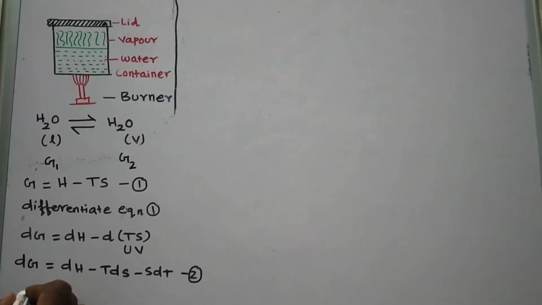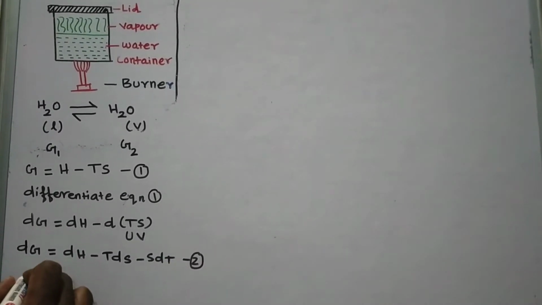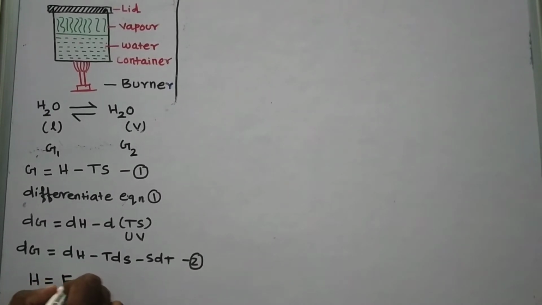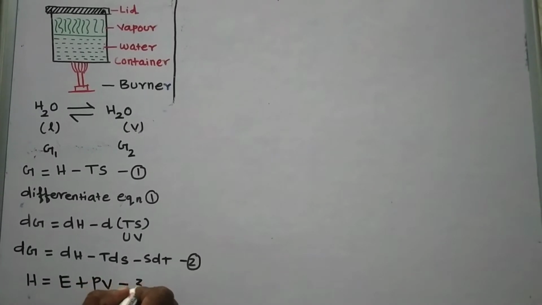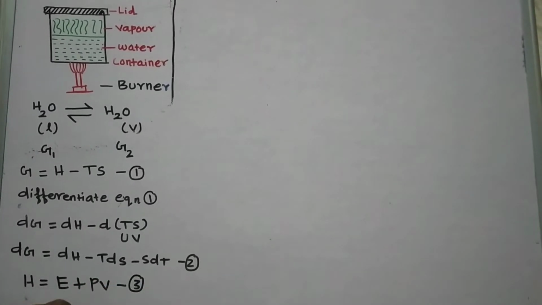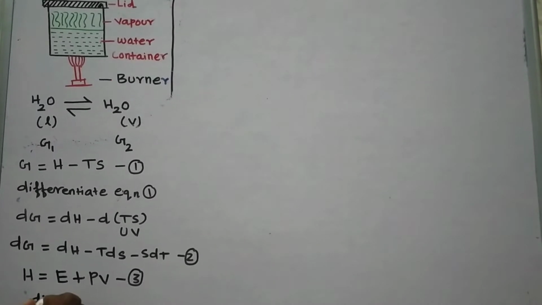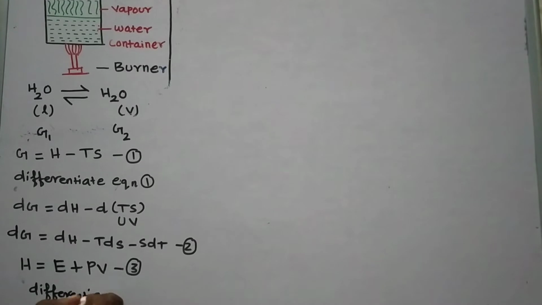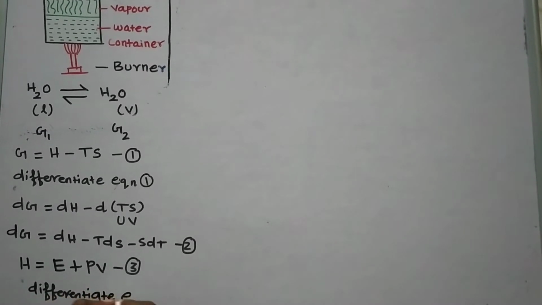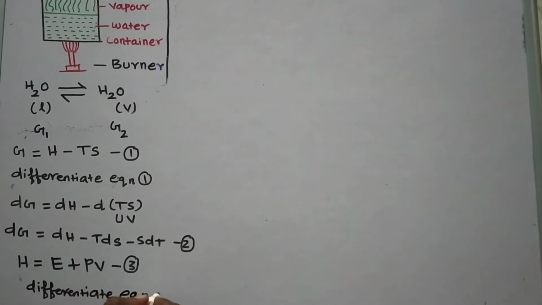Now let us consider the equation of enthalpy. The equation of enthalpy is H is equal to E plus P into V. This is equation number 3. So differentiate equation number 3.